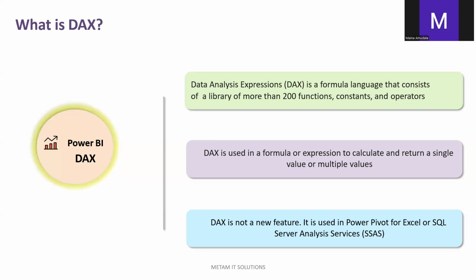Functions: we use built-in functions for tasks like filtering, grouping, or aggregating data. Next, variables: declaring variables to store and reuse values in calculations. These are the different key features of Data Analysis Expressions.